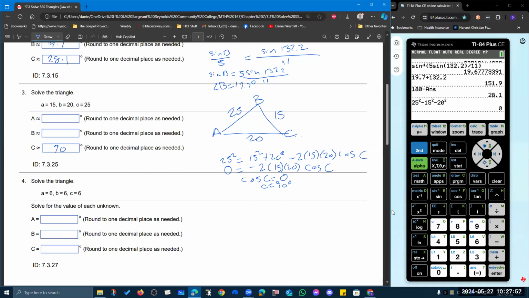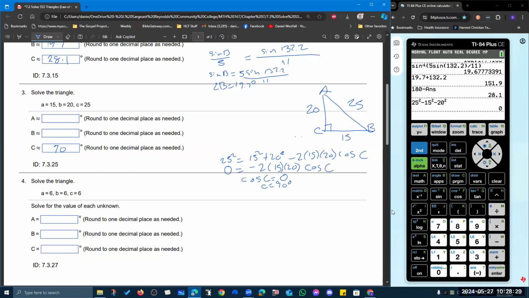So let's draw it that way. Let's draw it as a right triangle here. So this is 25, this is A and B, and this is 15, and this is 20. It's a 3, 4, 5 right triangle that's been scaled by a factor of 5 is what's going on here.